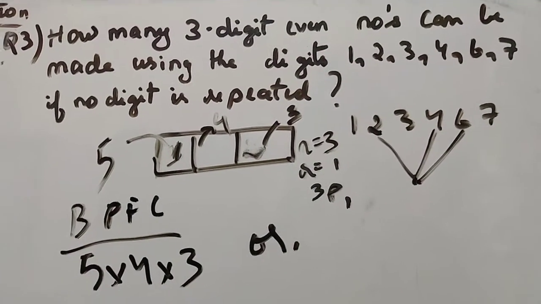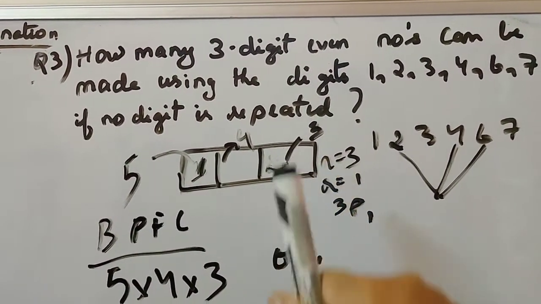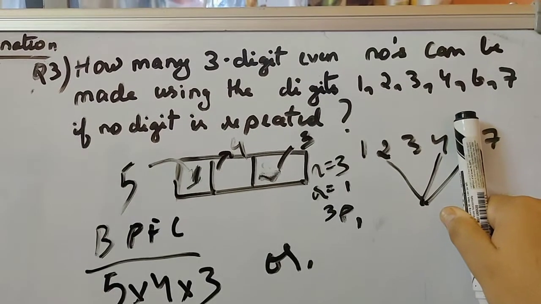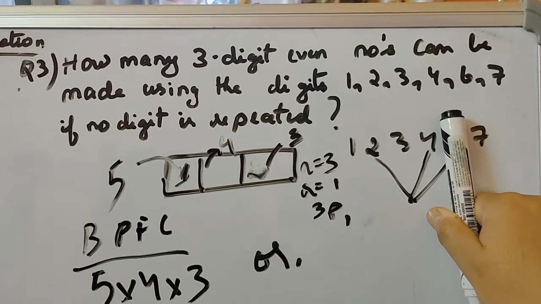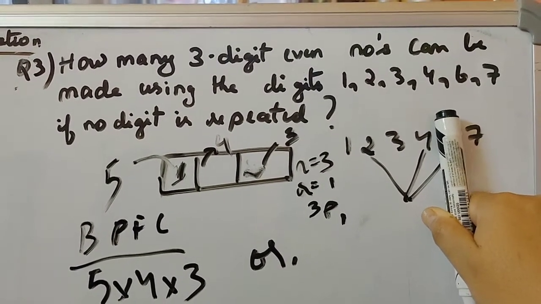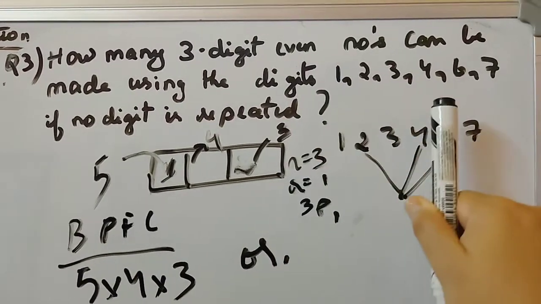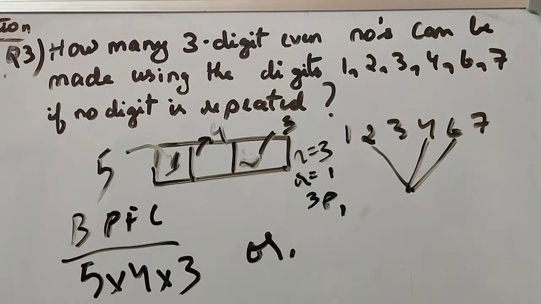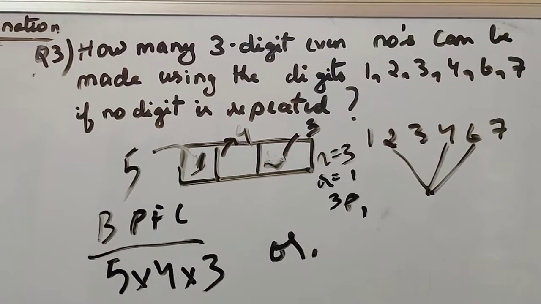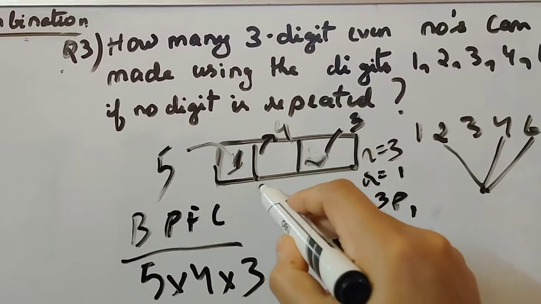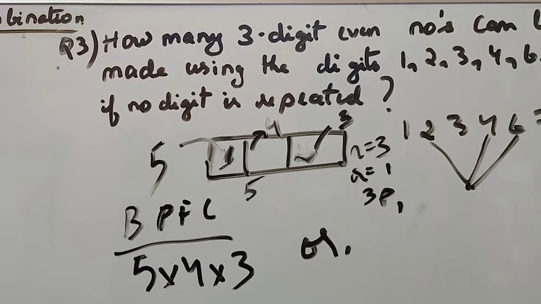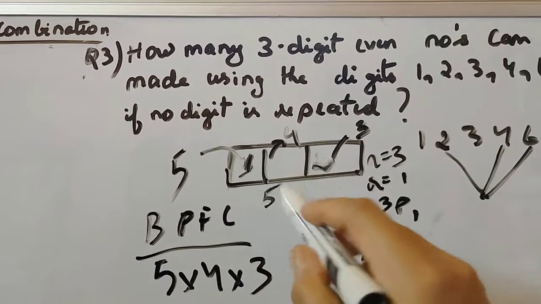If out of these 3 I have taken one even number, then I will be left with 5 numbers out of 6. So for these 2 places, I can write 5p2.